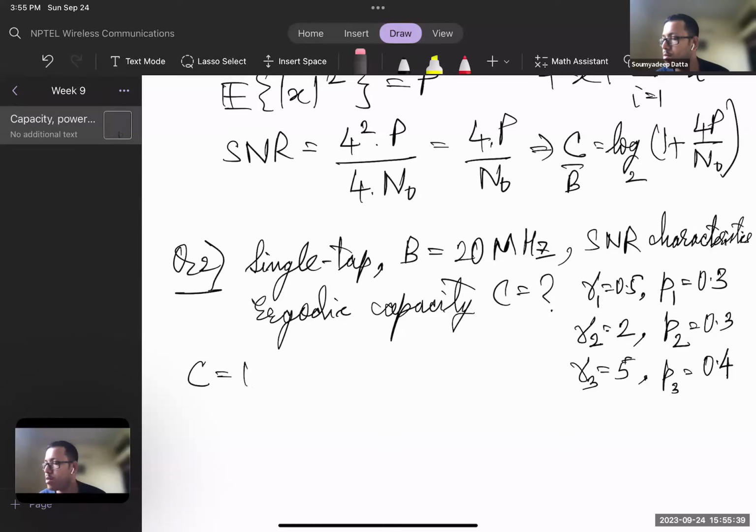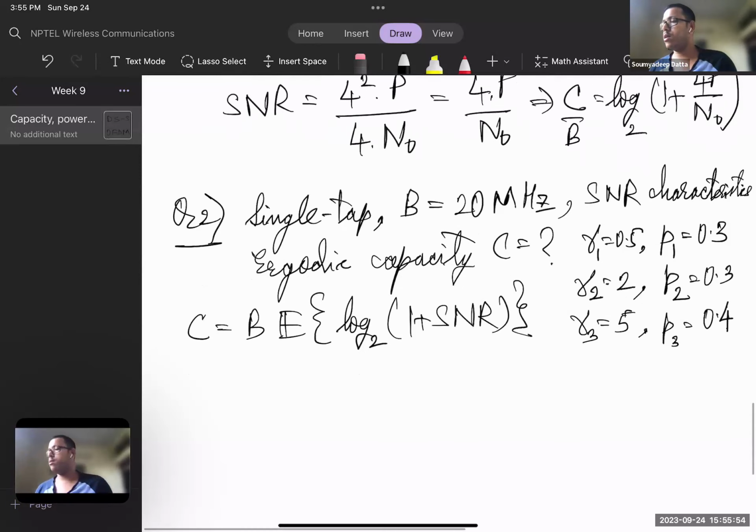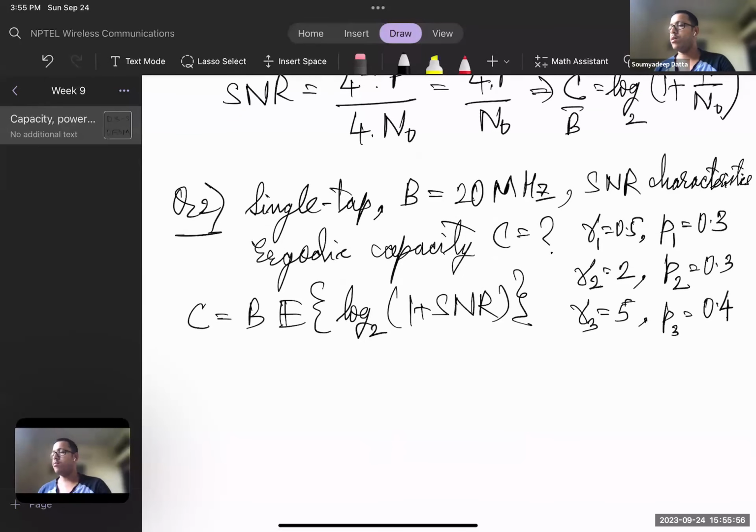Let's take the bandwidth out of the expectation. Bandwidth times expectation over log of 1 plus SNR. Right? So this is your expression for ergodic capacity. You just have to calculate this.